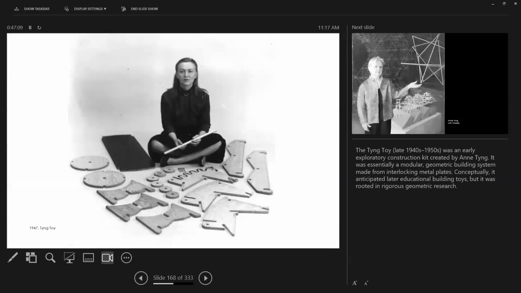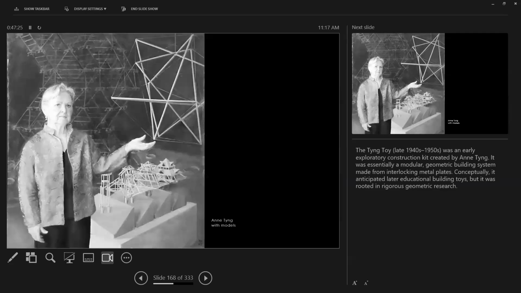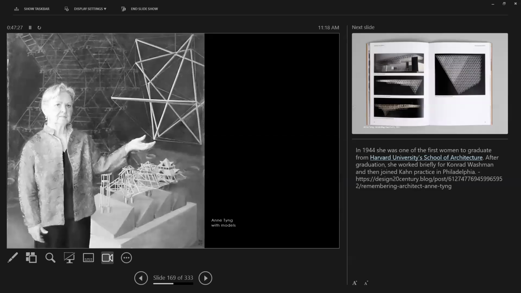Then there's also Antig, who is another playful experimenter driven by her personal passion about geometry and platonic solids, extremely personal, idiosyncratic research into these platonic forms.